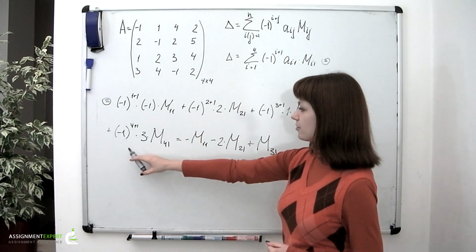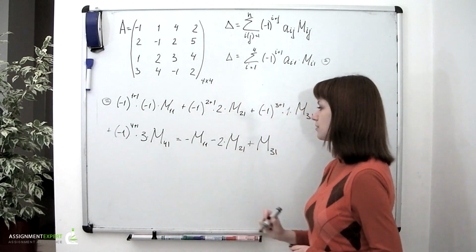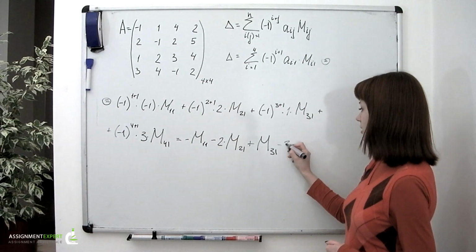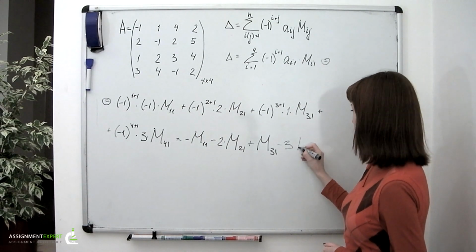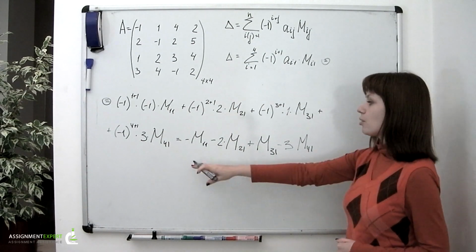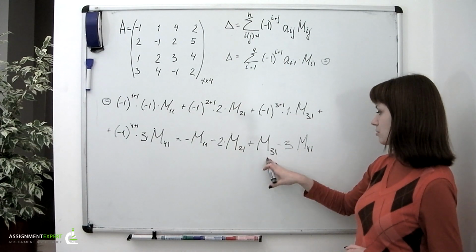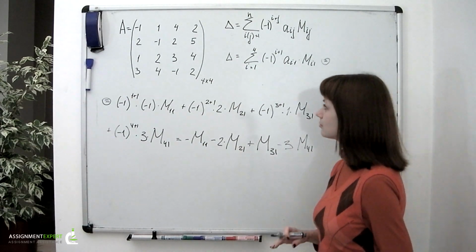And then we have -1 to the fifth, which is -1 times 3 gives us -3. So we have -3 times m sub 4,1. So we now have to calculate 4 minors, m sub 1,1, 2,1, 3,1, and 4,1.